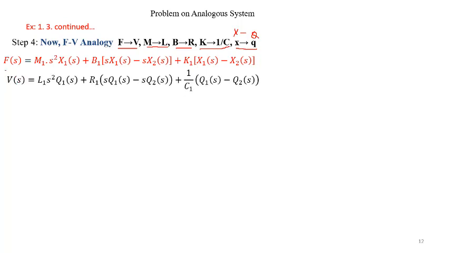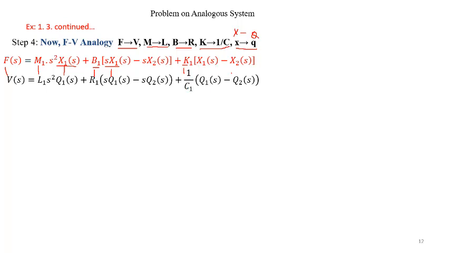So f is replaced by v, m is replaced by l1, s square remains there, x1 of s is replaced by q1 of s, b1 is replaced by r1, and s into x1 of s is replaced by s into q1 of s. Similarly, s into x2 of s becomes s into q2 of s, and k1 is replaced by 1 divided by c1.